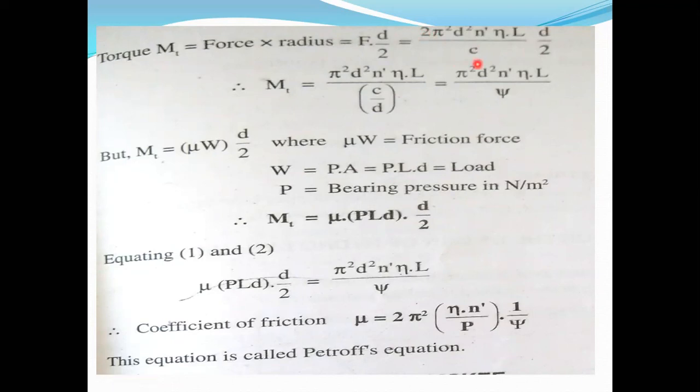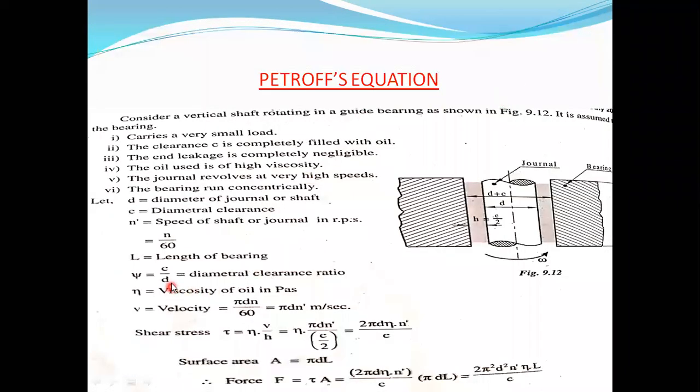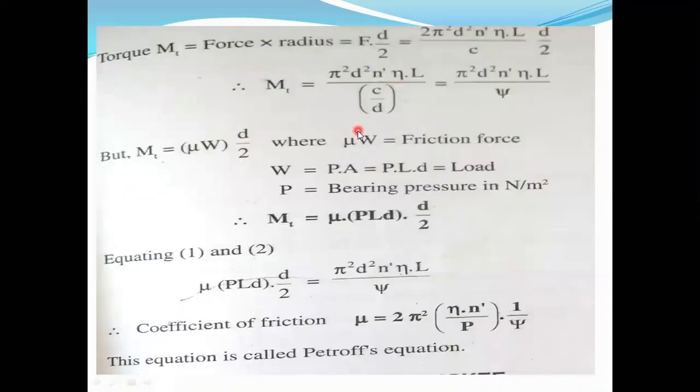So here these two cancel. If you simplify, we will get pi square d cube n dash eta L divided by C divided by 2. I brought this d below the numerator, then we will get C divided by 2. And we can write C divided by d as xi, that is nothing but the diametrical clearance ratio.